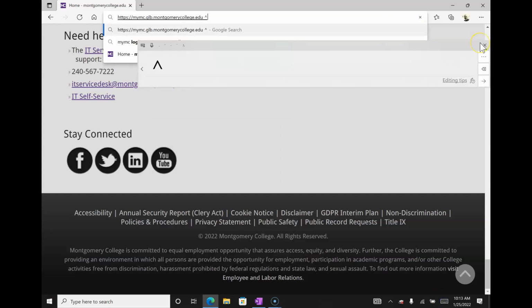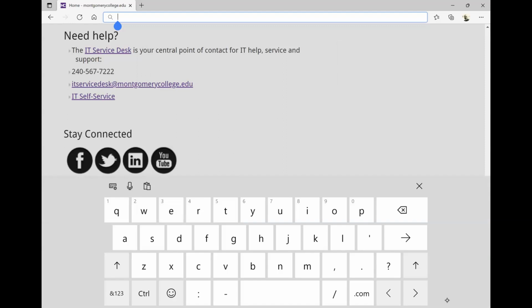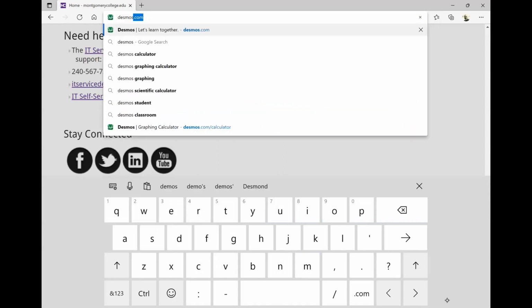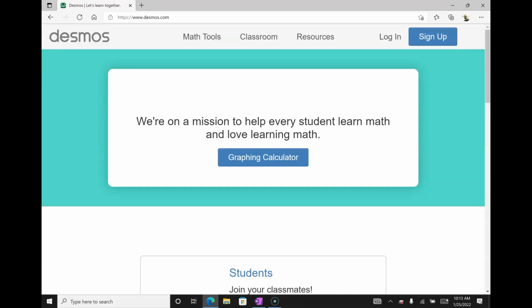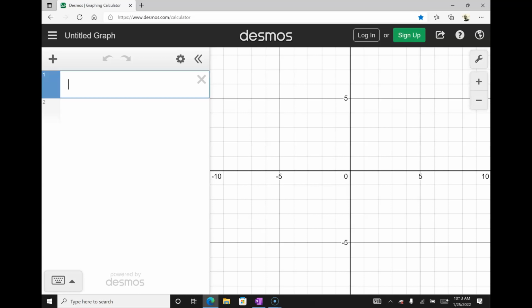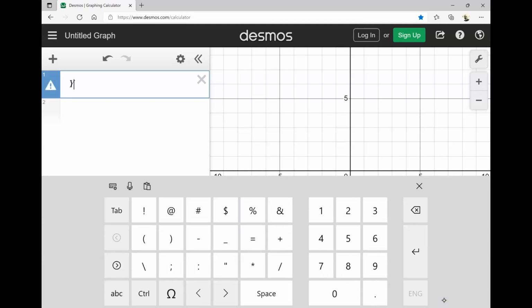What did I do? Don't tell me. Where the heck is my keyboard? Oh, there it is. So f of x or y equals is fine. Y equals, oops, I don't like the capital.